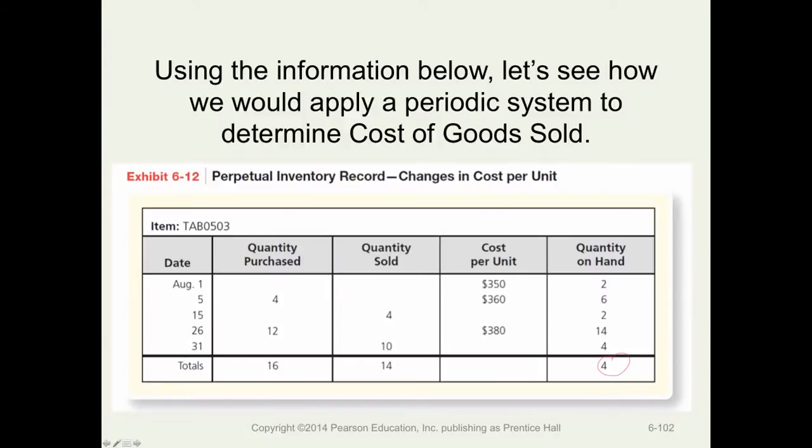So that means that out of the 4 units, you probably can see this very easily, that ending inventory under LIFO is going to be the oldest cost. And therefore, if the last one's in and the first one's out, that means you've got 2 units left at $350.